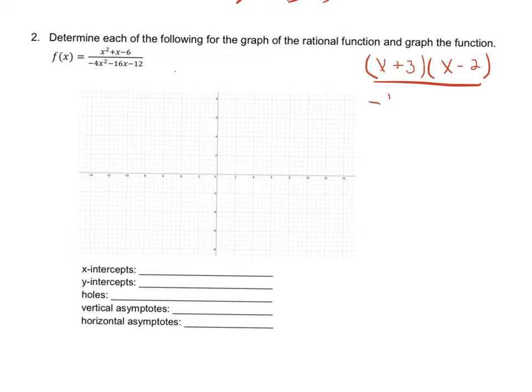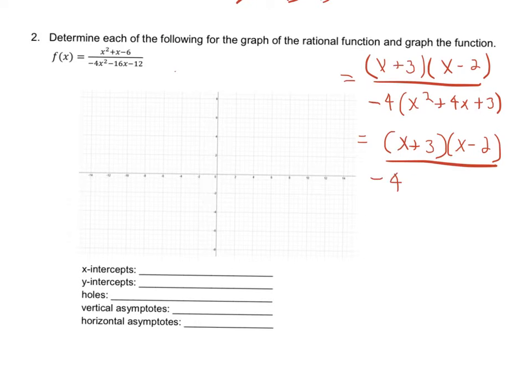In the denominator, I can pull out a negative 4: x squared plus 4x plus 3, and so I can factor that denominator a little bit more. x plus 3, x minus 2, all over negative 4, x plus 1, x plus 3. And right away, I notice these are going to cancel, and that tells me where a hole is at when x is negative 3, because negative 3 makes that denominator 0, but it cancels out, so we call that a removable discontinuity. It doesn't give us an asymptote, but it does simplify.